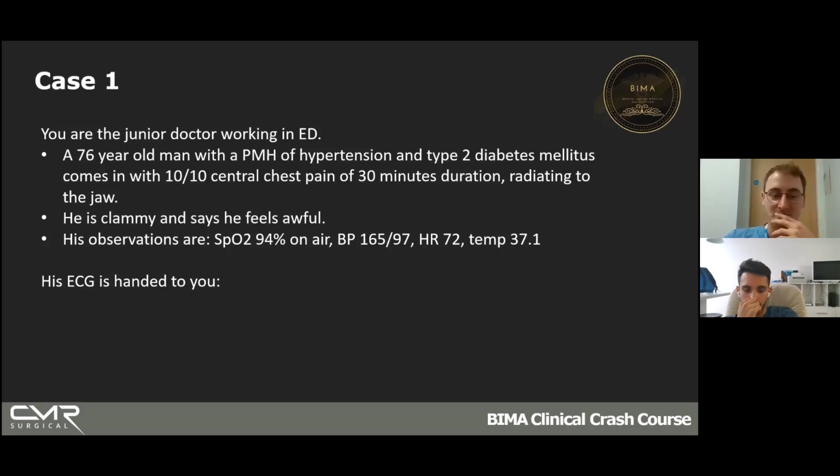Lovely. Let's show you the ECG that the nurse hands to you. Doctor, here's the ECG. What are you going to do about it? This is what will happen to you guys when you're F1s, and it's really scary. So here's his ECG.